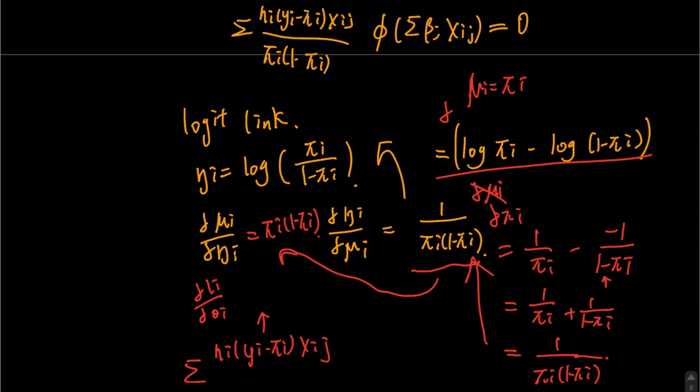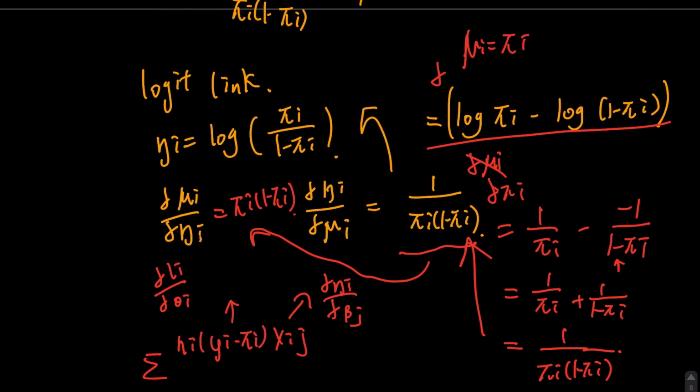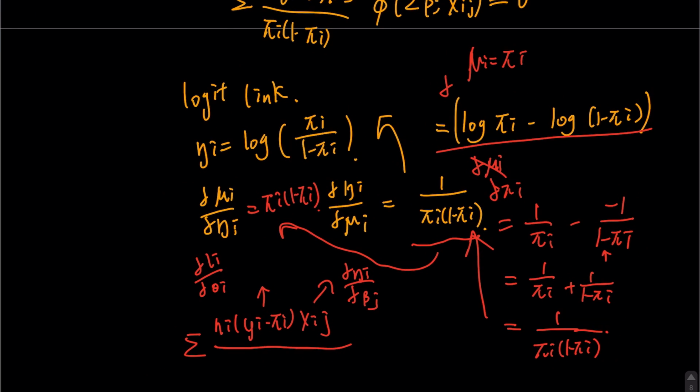This part doesn't change, and this is the d eta_i d beta_j part. That part remains the same. We have the variance of y_i and the d mu_i d eta_i, which is pi_i (1 - pi_i), and we can cancel out these two.